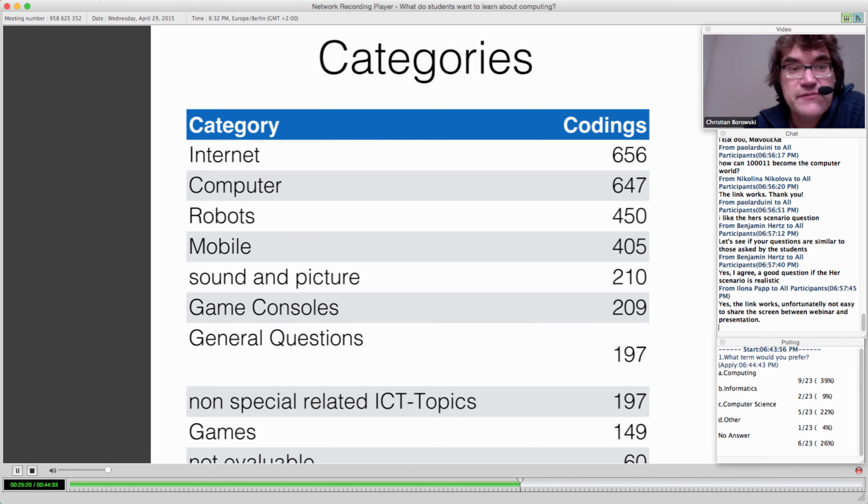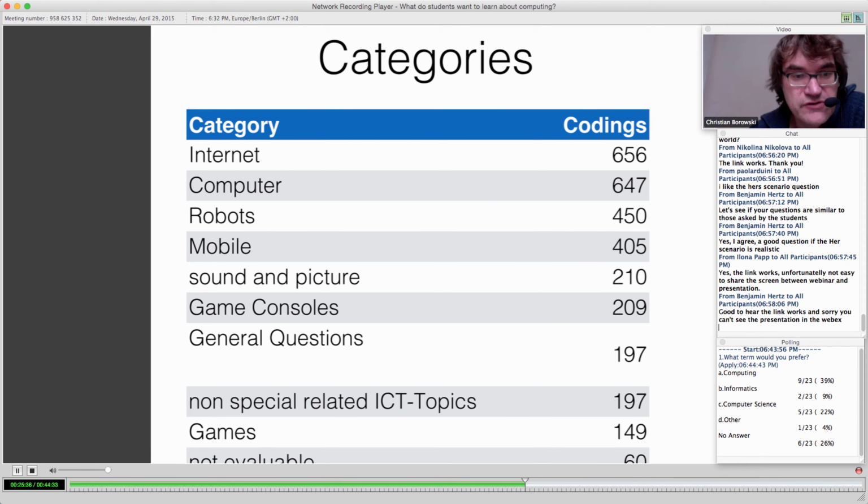The main categories were internet, computer, robots, mobile, sound and picture, game console, general questions about computing, then non-related ICT topics and something about games, and the rest is not available. The 60 questions we couldn't read, we couldn't use for our program.